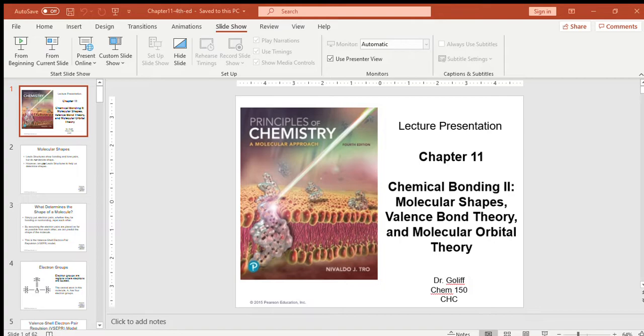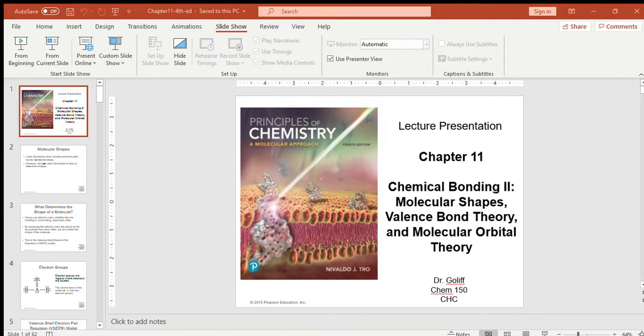That means the farthest apart these bonds can get from each other is 180 degrees. That's what we call the bond angle. If you have 3 electron groups, this is called trigonal planar, and your bond angle is 120 degrees. If we have 4 electron groups, we have a tetrahedral shape, and our bond angle is 109.5.